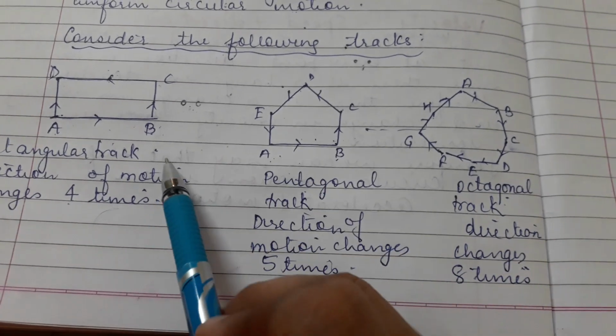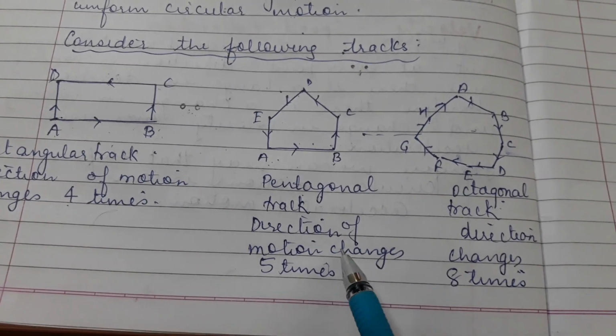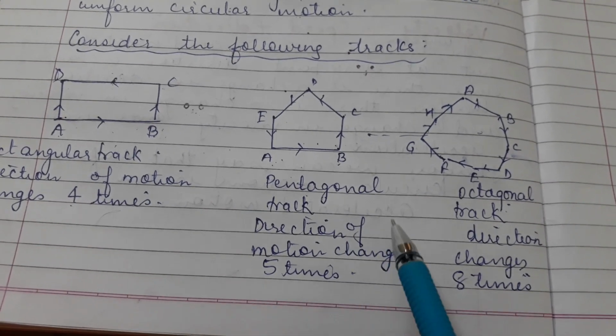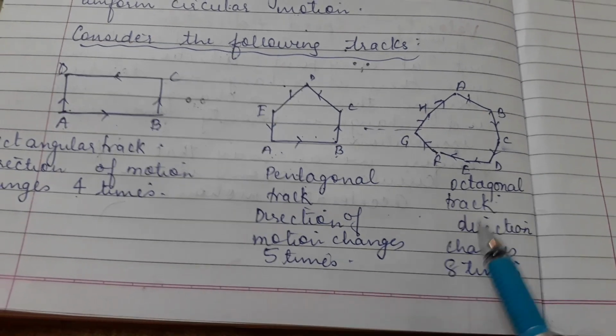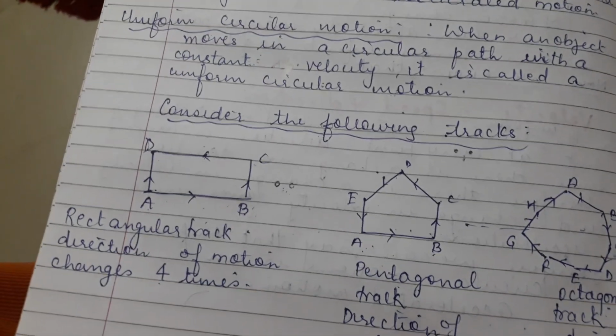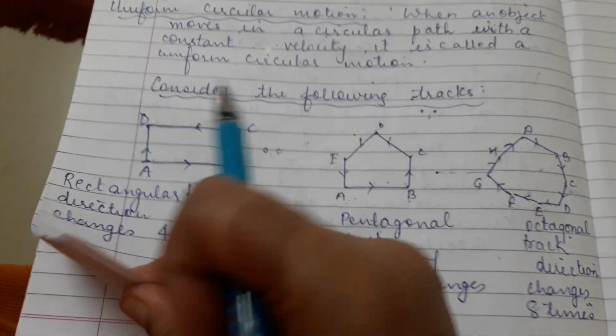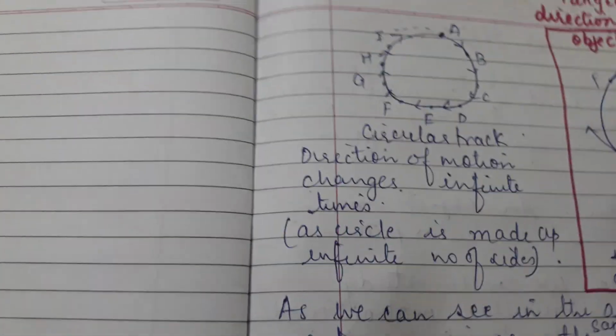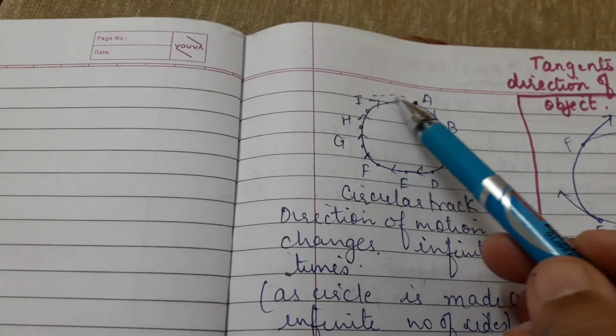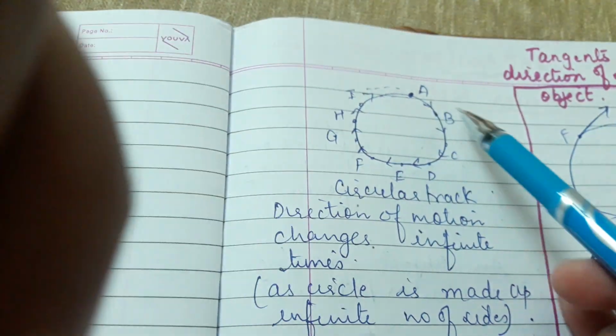Now here it was 4 times, here 5 times, and as we go on increasing the number of sides, here 8 times. Now we come to the circular track. You know how a circular track looks. This is a circular track, a complete circle.